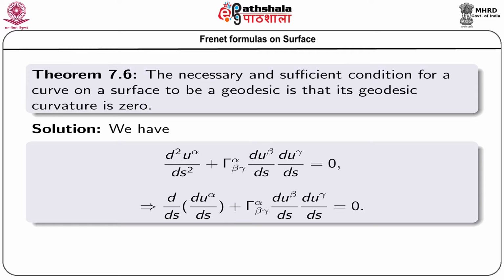So, we can express the above expression in this form: d ds of du alpha ds plus gamma alpha beta gamma du beta ds du gamma ds equals 0.